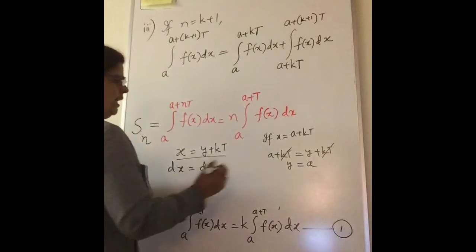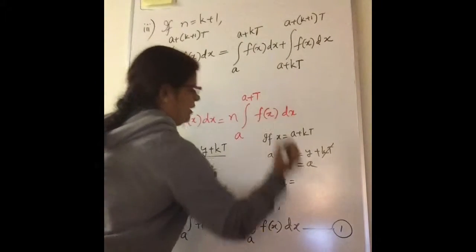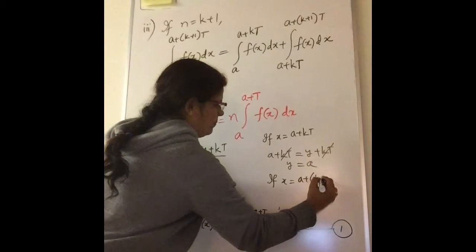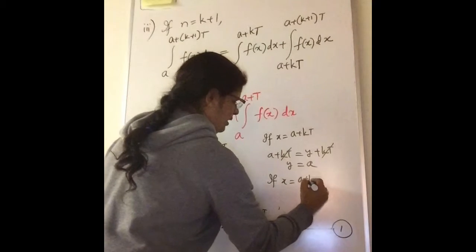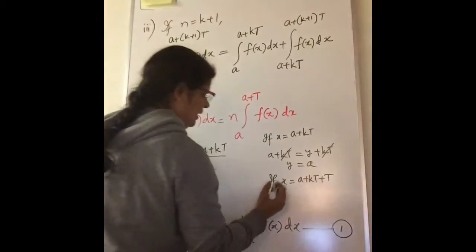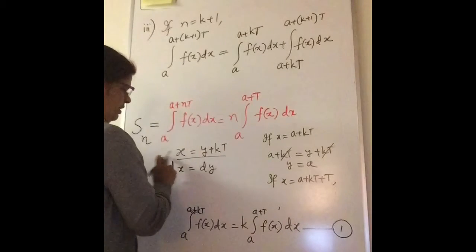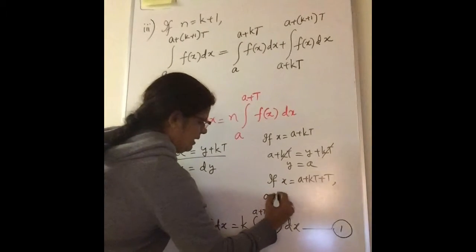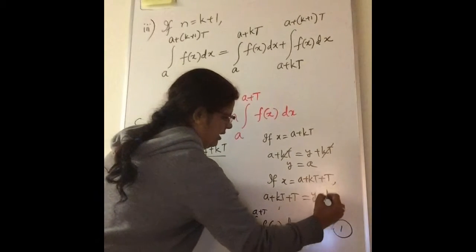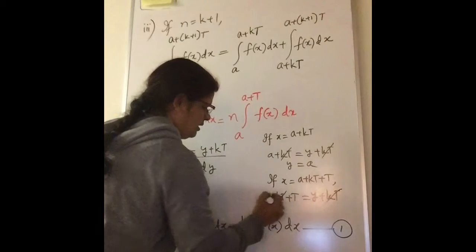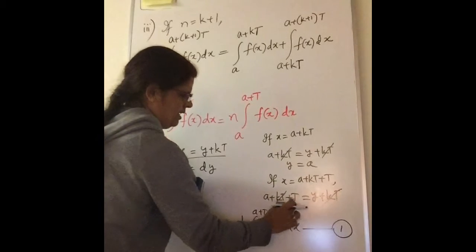And if suppose x is equal to upper limit, a plus kT plus T is taken, then in this place I am taking all these terms here. So a plus kT plus T is equal to y plus kT. So kT terms cancel, and a plus T is y.